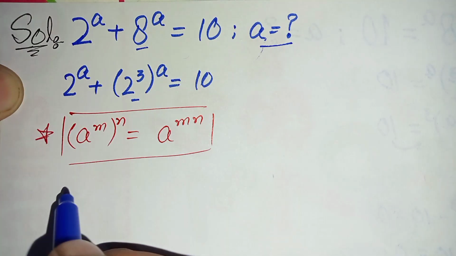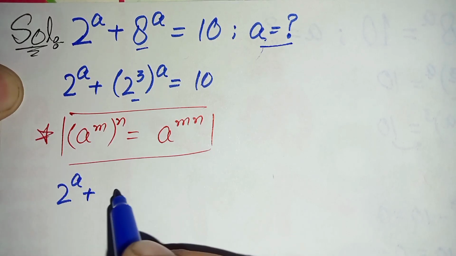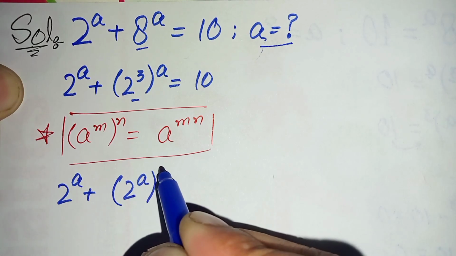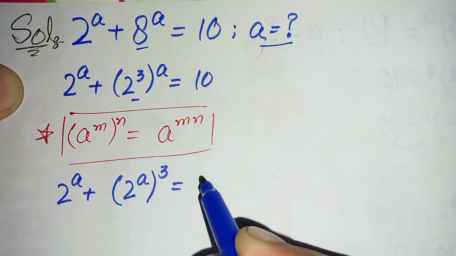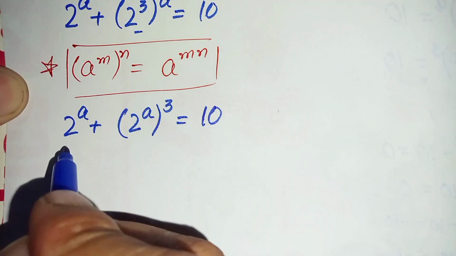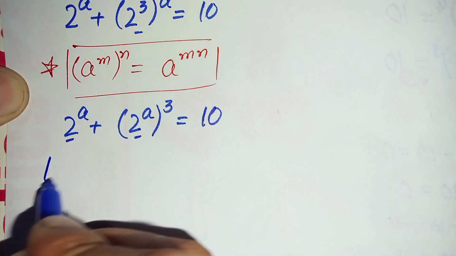So using this exponential property in this one term, we will interchange the position of these two powers. So this will become 2 raised to power a plus 2 raised to power a, whole cube, is equal to 10. Now in the left hand side these two bases are same. So here we will make a supposition.